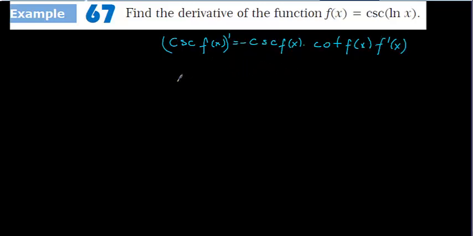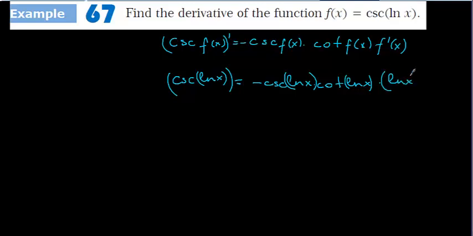Then if you replace f(x) by ln x, the answer is going to be equal to minus cosecant ln x times cotangent ln x times the derivative of ln x, that's equal to minus cosecant ln x times cotangent ln x times 1 over x, which is going to be our answer.